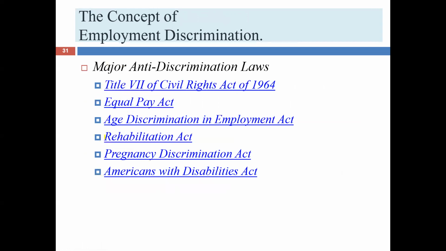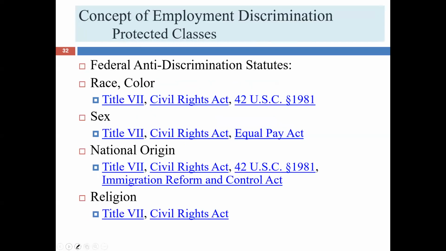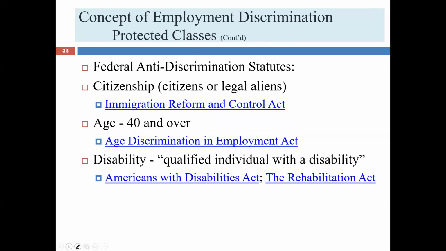The Rehabilitation Act was a statute that required governmental entities not to discriminate against people with disabilities and to provide some reasonable accommodations. Once this law proved to be helpful and doable, then it was extended to the private sector through the Americans with Disabilities Act. So we'll talk more about many of these laws in subsequent lectures. Again, here's a little bit of a breakdown with respect to that.